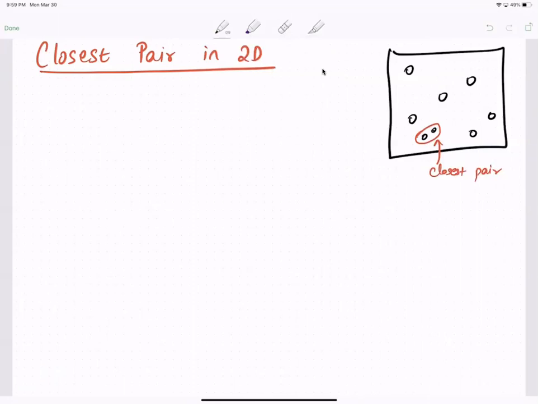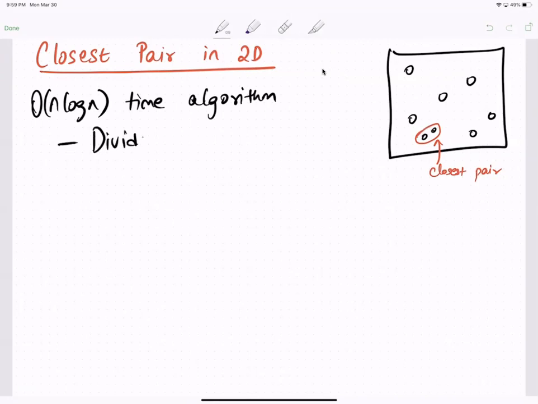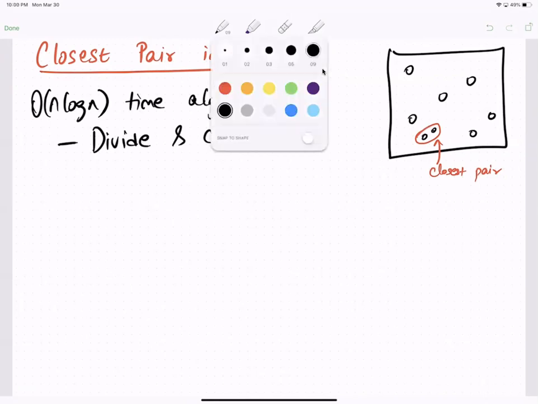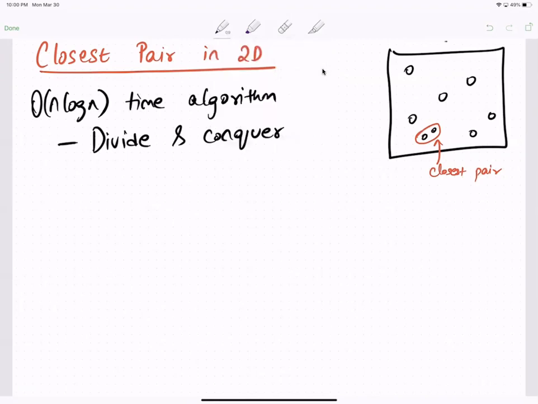And now, what's known? A lot of you must have seen an n log n time algorithm for this problem. And that works via the popular divide and conquer paradigm. I won't describe what the algorithm looks like, but at a high level, you partition these n points into equal halves on the left and the right, and you recursively solve the problem.